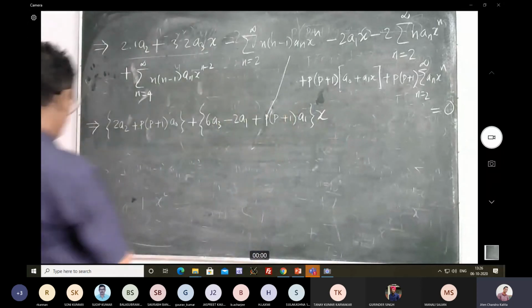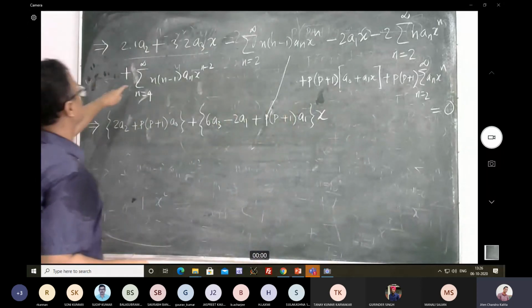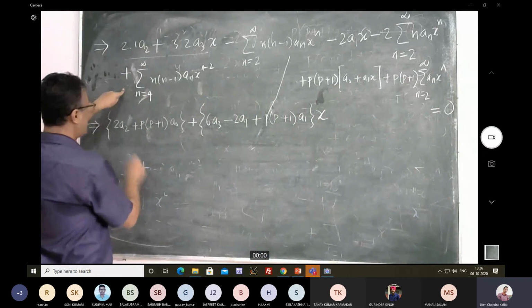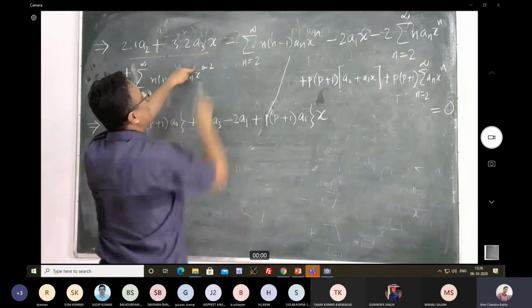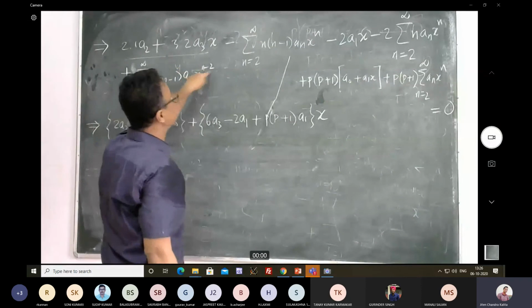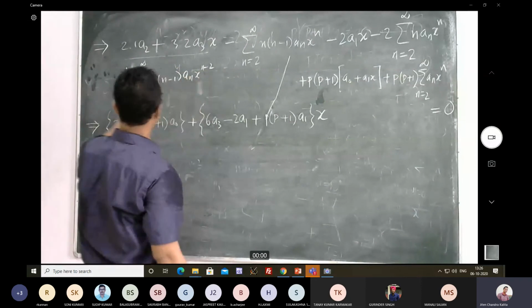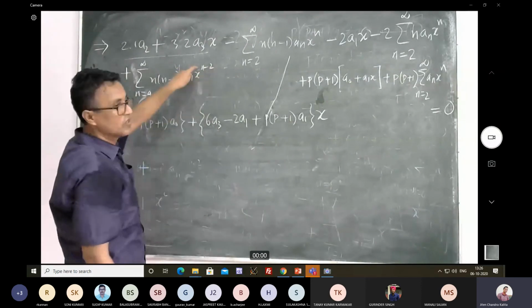Okay, fine. So now look at this. Now what I'm going to do is plug in n minus 2 equal to p, right? So n is going to be equal to p plus 2. When n equal to 4, p equal to 2.